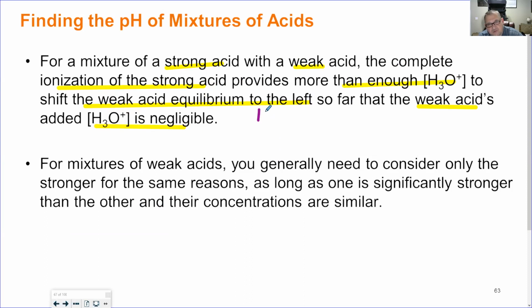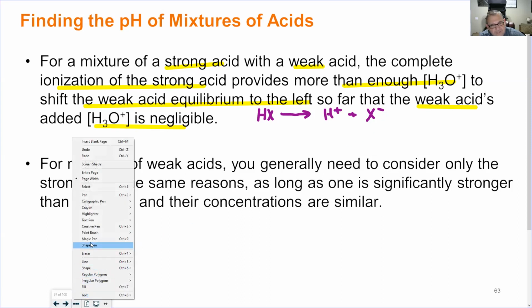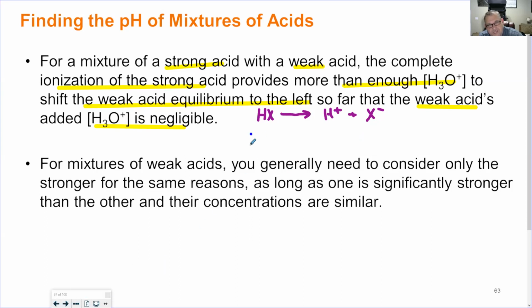So I've got a strong acid, HX, and it dissociates 100% to H+ and the conjugate base X-. And now I've got a weak acid in here, and I'm going to represent the weak acid with HA. The weak acid is in equilibrium with H+ and the conjugate base A-.